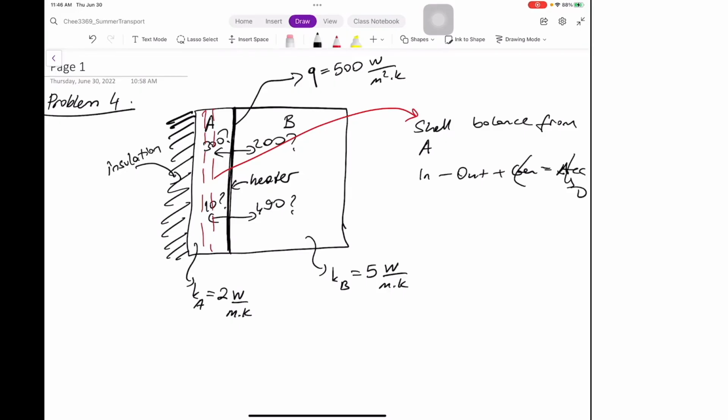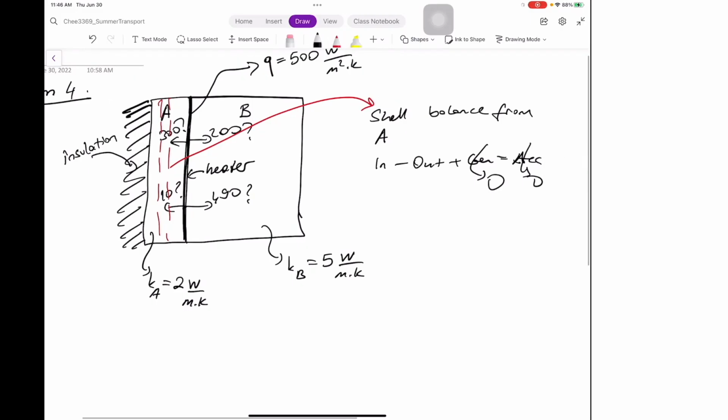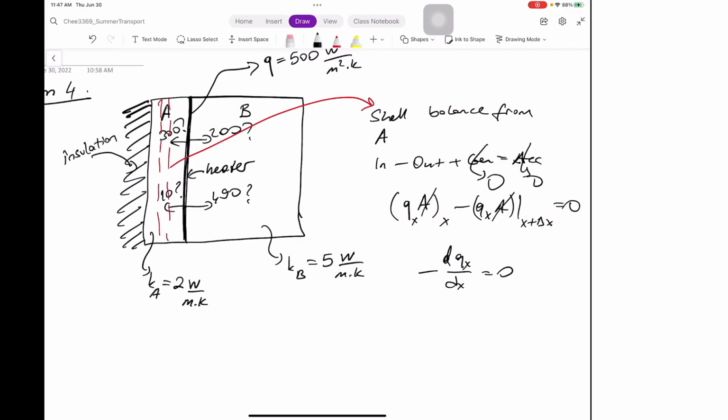Steady state, so accumulation is 0. Generation is 0 because my heater is away from my shell. So in minus out is 0, which means qx times A at x minus qx times A at x plus delta x is 0. A is constant, so it cancels. So minus dqx over dx is 0. From here, qx is constant.